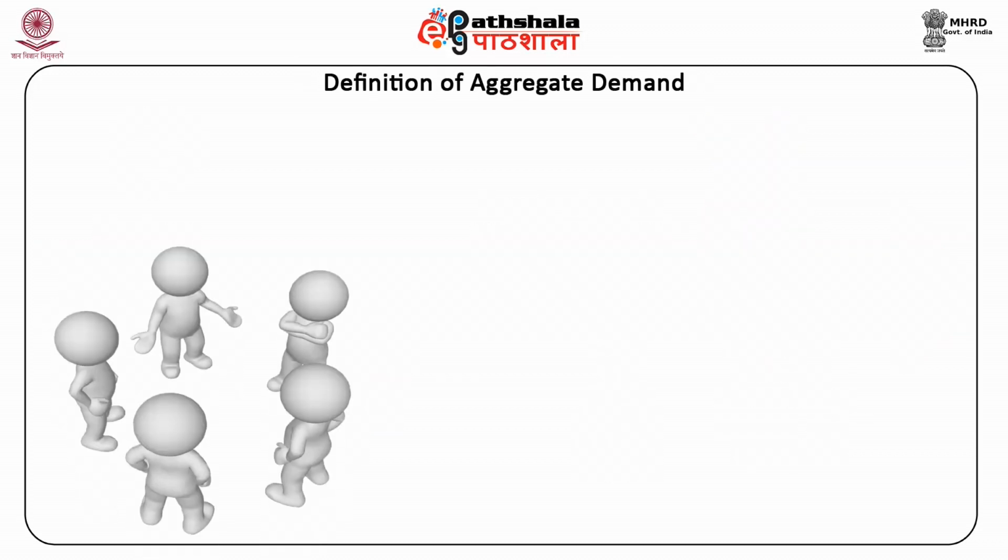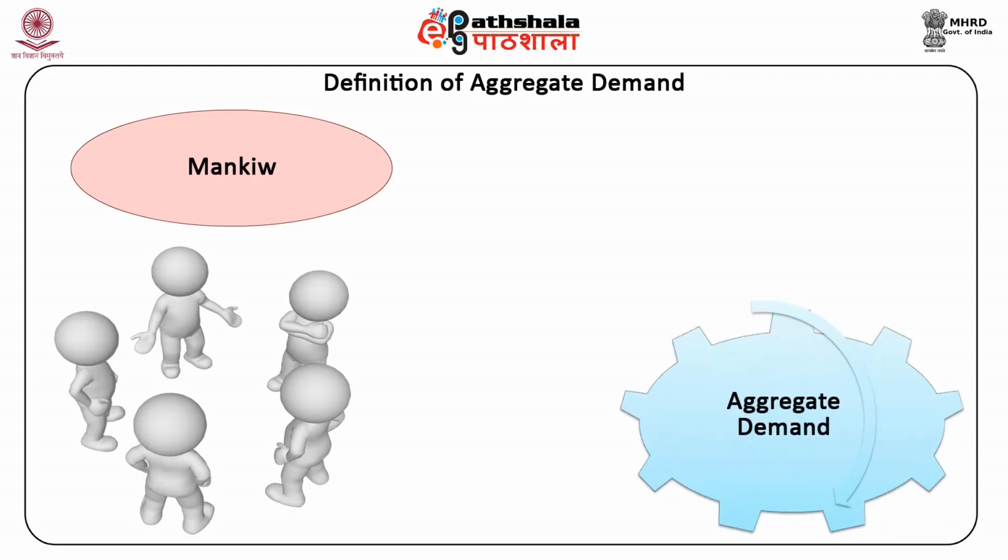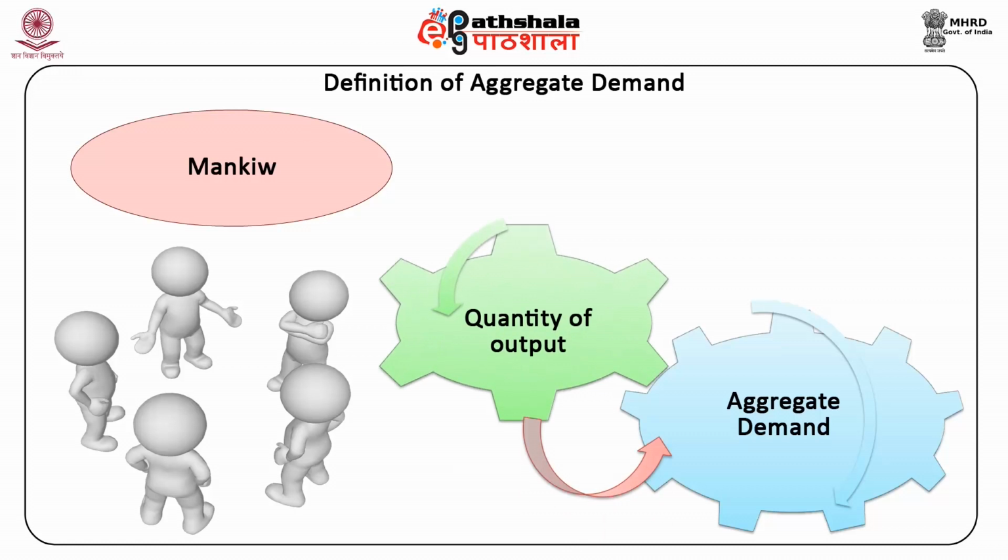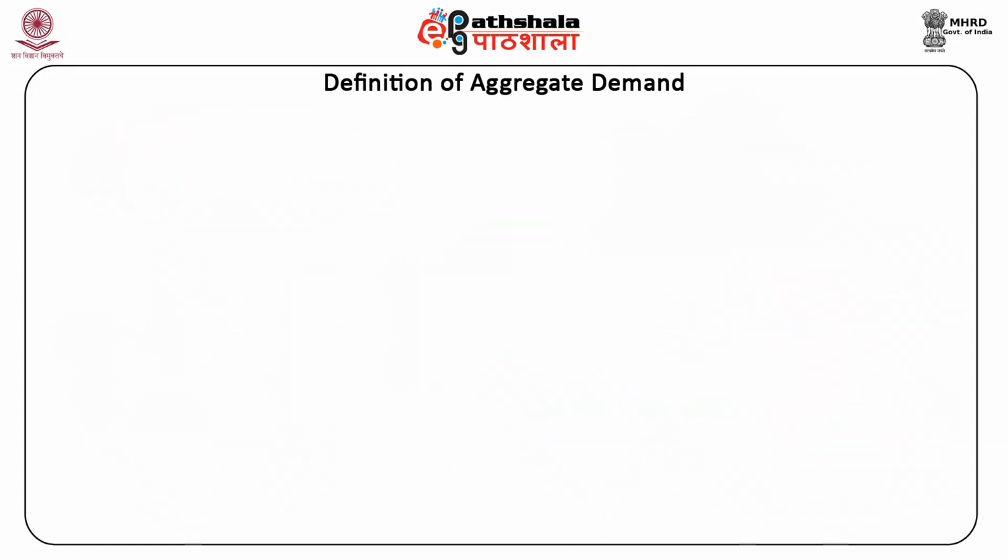Moving on to the definition of aggregate demand. According to Mankiw 1992, aggregate demand is the relationship between the quantity of output demanded and the aggregate price level.